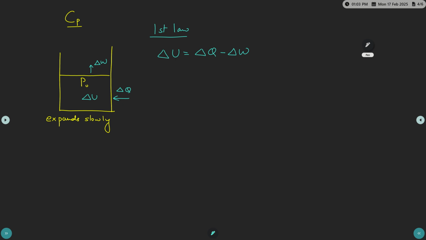So this means delta Q equals delta U plus delta W.